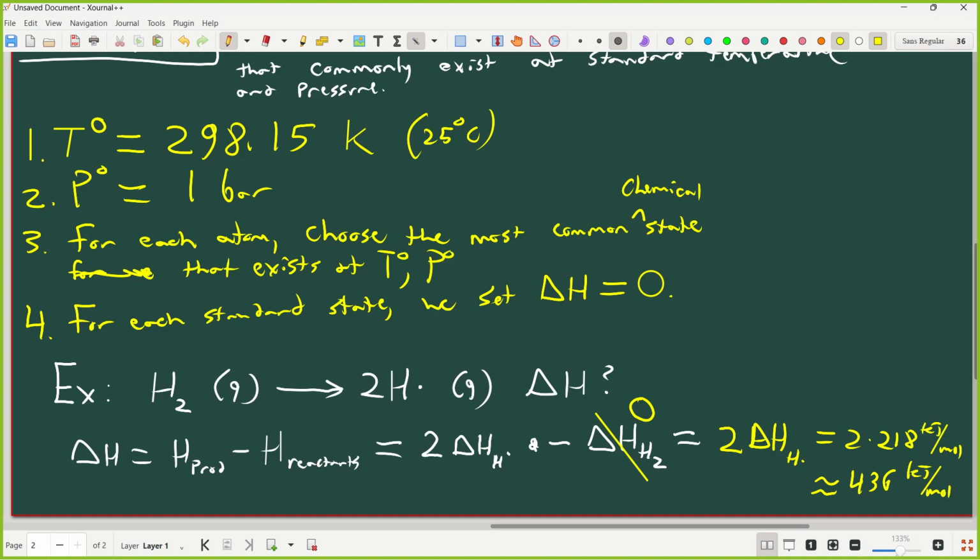Very simple: we're looking at a gas dissociating to a gas, so there's very little PV work, and all of the energy change is pretty much heat. So this tells us you have to input 436 kilojoules per mole of energy into your gas to break apart H2. That's how much energy it takes to break that bond. So this is just the bond strength of hydrogen. This is roughly the H-H bond strength.